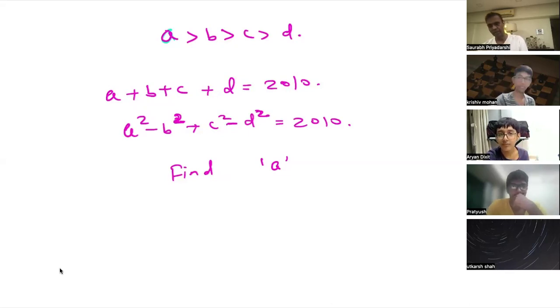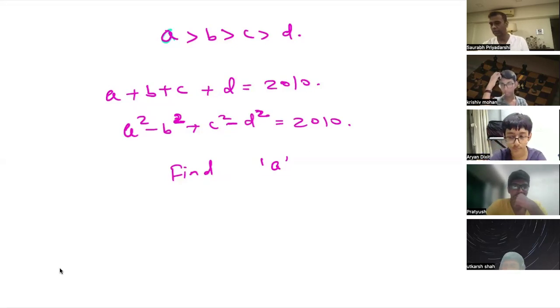A, B, C, D are non-negative integers, and this is given: A greater than B greater than C greater than D.